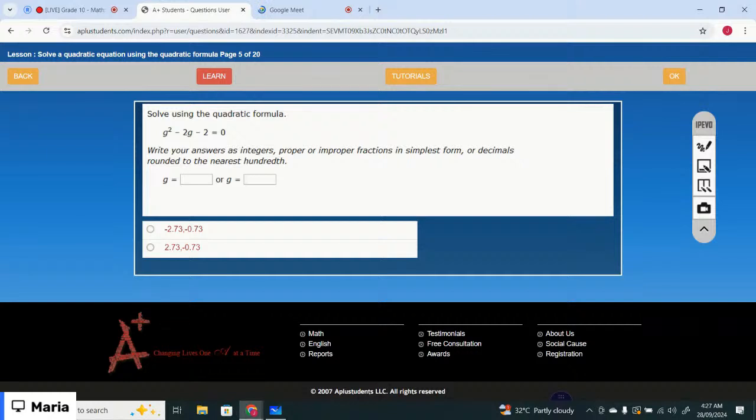Okay, the next one is g square minus 2g minus 2 equals 0. So which is the correct option?